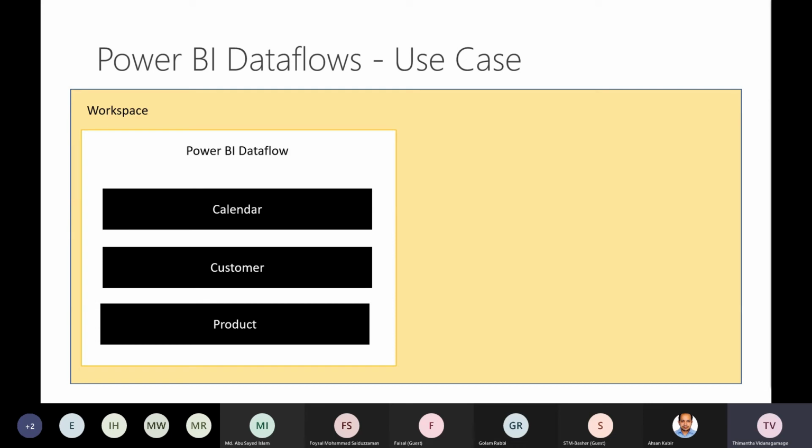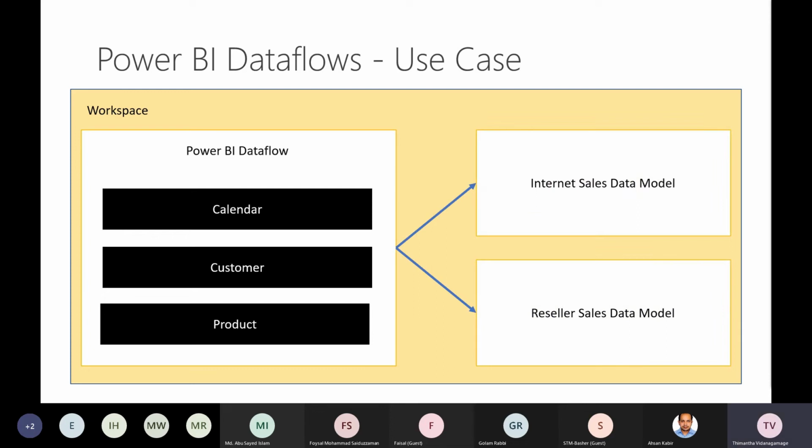And data models will be created with reference to these output tables in the data flow. The logic for the dimensions in those data models will not be replicating, because it's handled and executed centrally, and all that the data model does is refer to the entities, the output tables, and do its job.